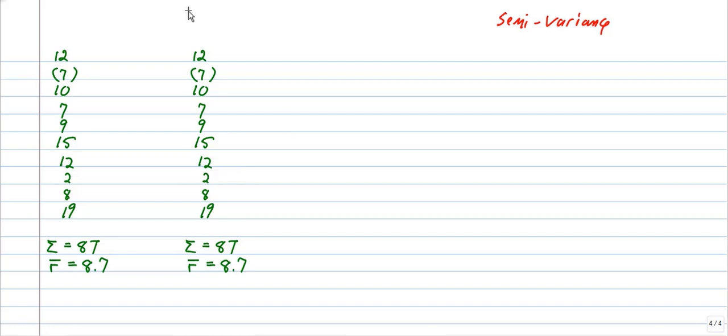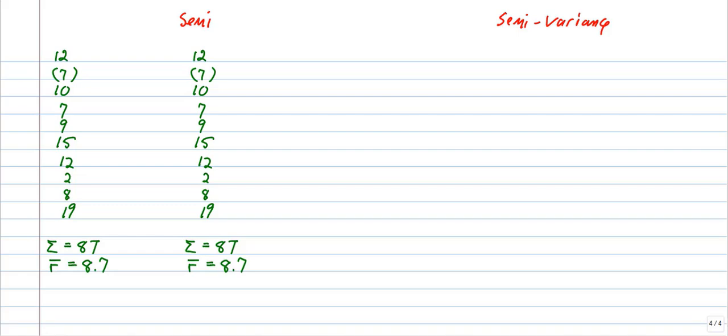So for semivariance, we look at each one of these returns and we say, okay, what we're going to do is only consider the ones that were below the mean. Oh, as it turns out, I don't think I have the best example here. I was thinking I was doing something else.